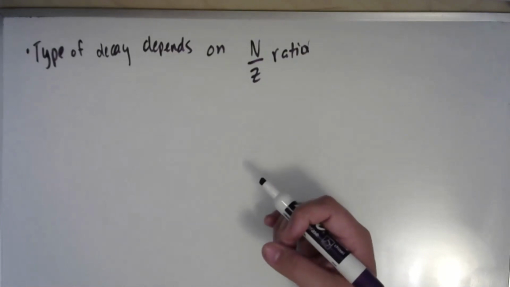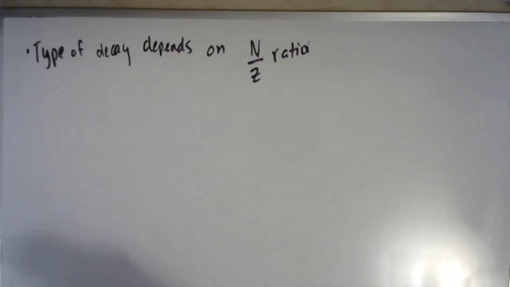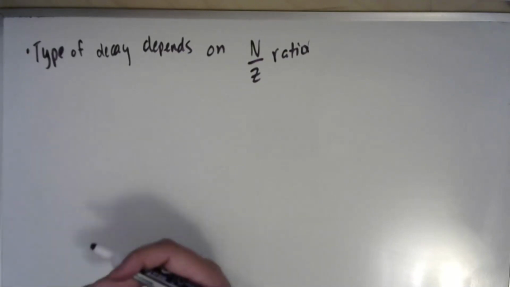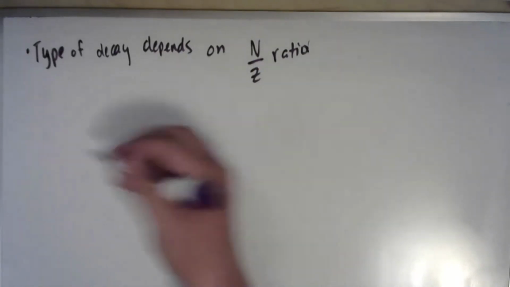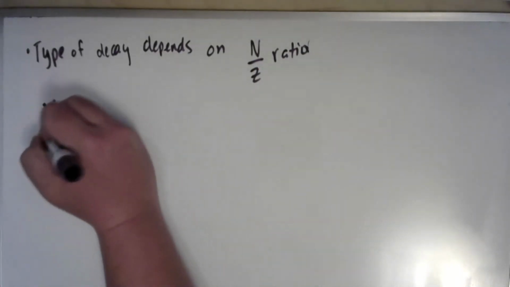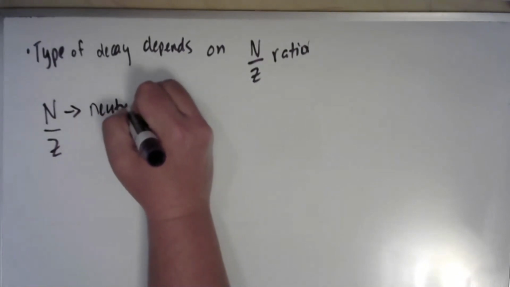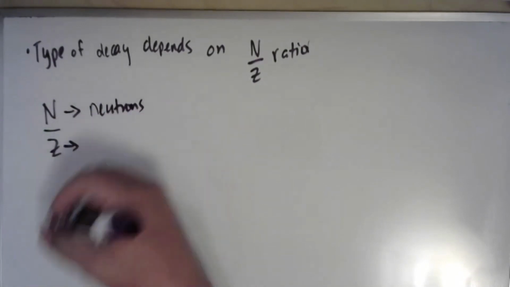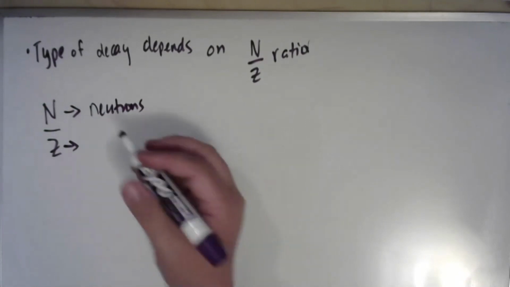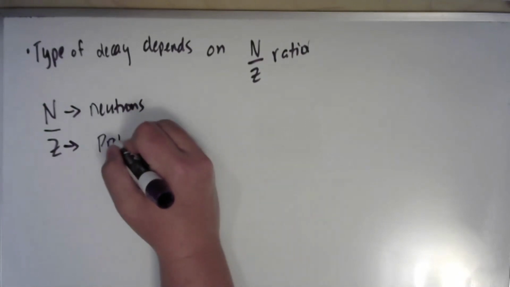For the questions that we're going to answer, we're going to look at the chart to help us figure out the relationship between the neutrons and the protons for each of the isotopes. In this N to Z ratio, the N stands for your neutrons, the Z stands for your atomic number, and your atomic number indicates the number of protons you have.